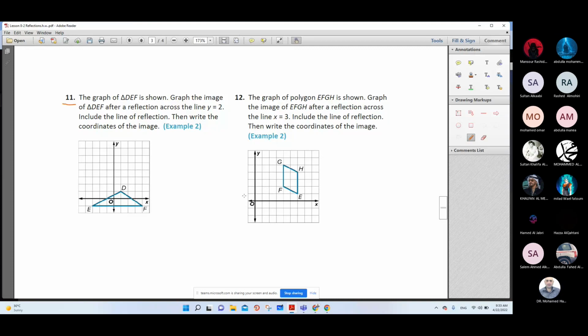Thank you, Mansoor. So as you see here, across the line y equals 2. Where is y equals 2? This is 2. Then draw from here a line parallel with the x-axis.